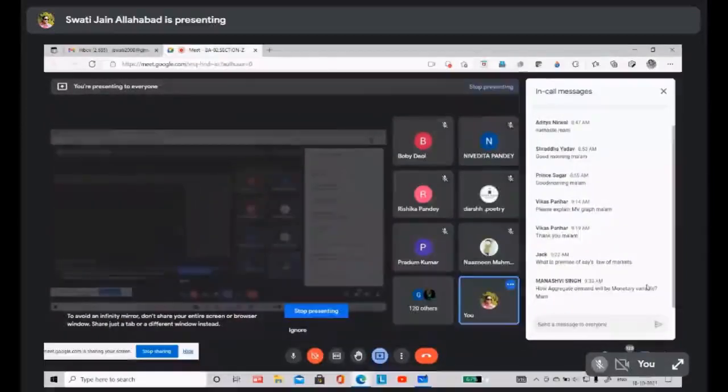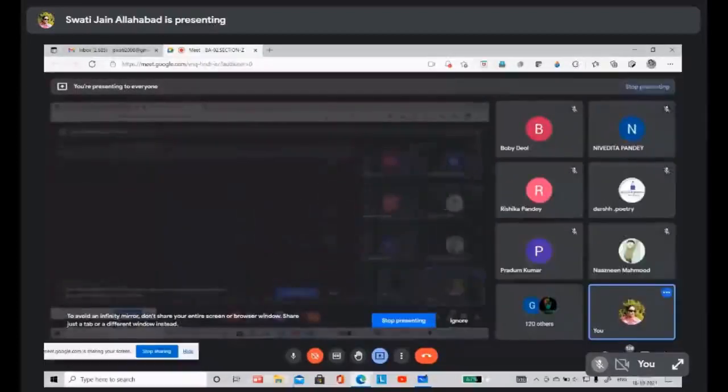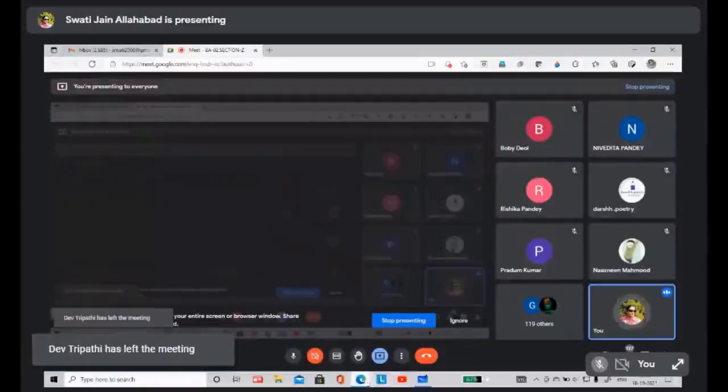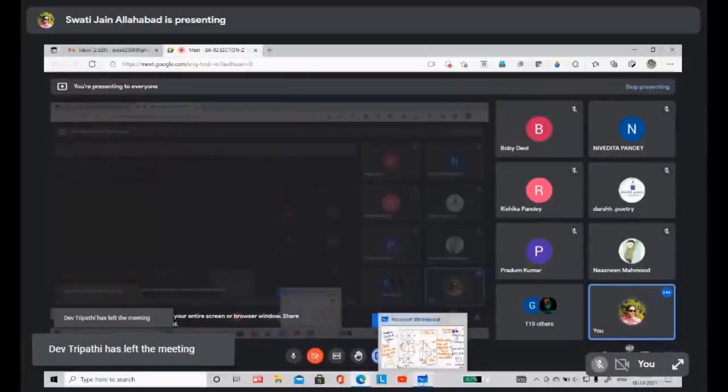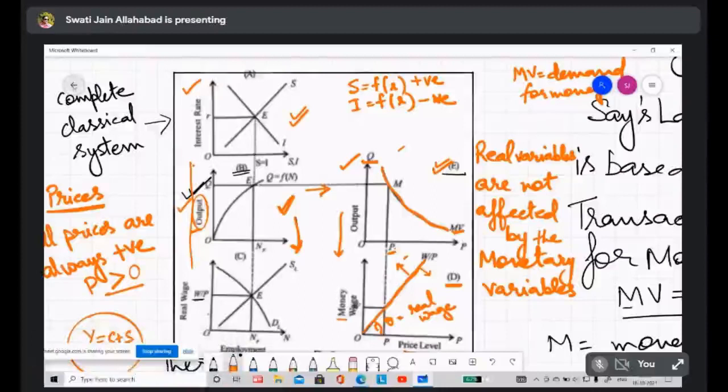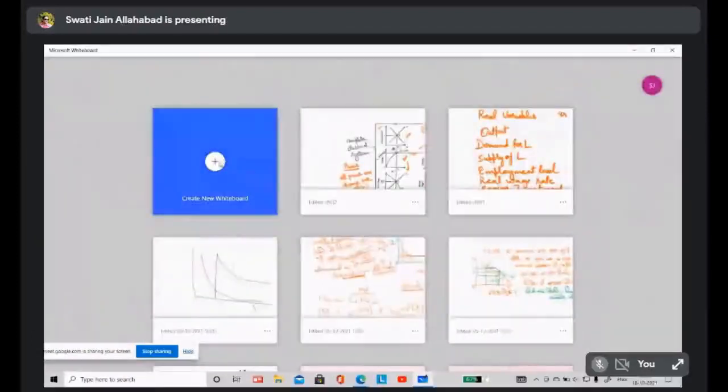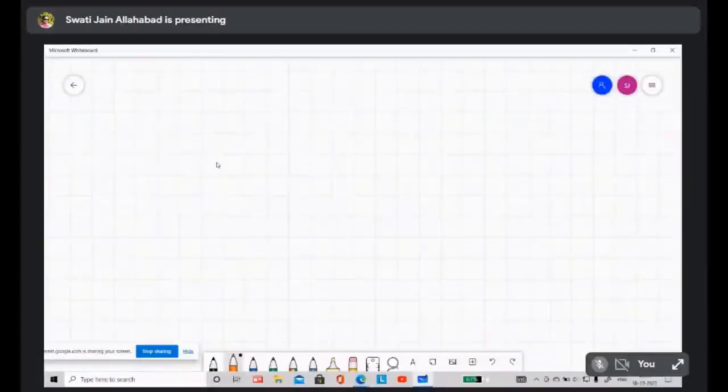So now the question is how aggregate demand will be a monetary variable. In the classical system, it is assumed that demand is always a monetary variable. Why demand?